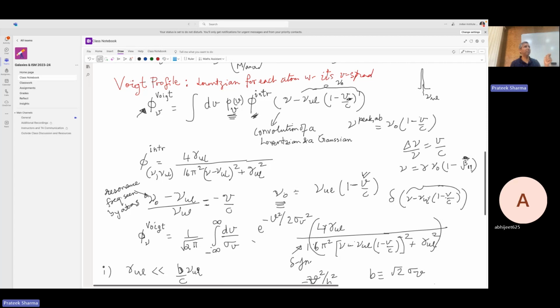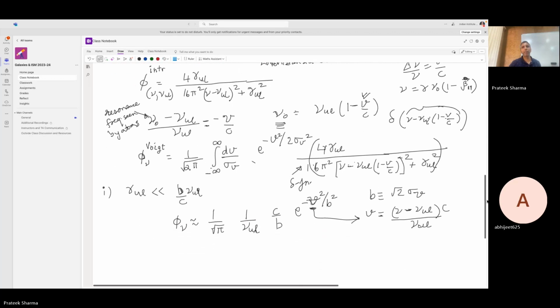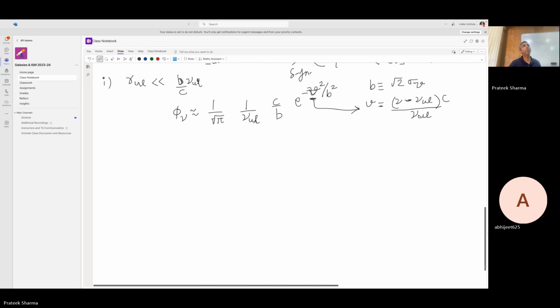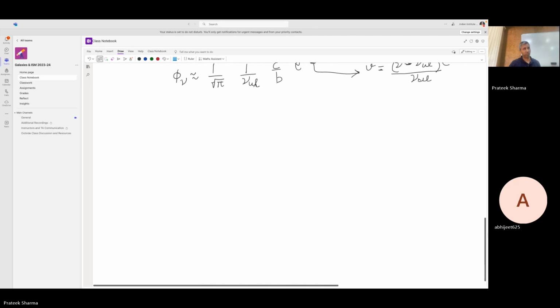When you put gamma equals 1 and V by C small, that's what you get. But in the non-relativistic regime, to first linear order, they are all the same.